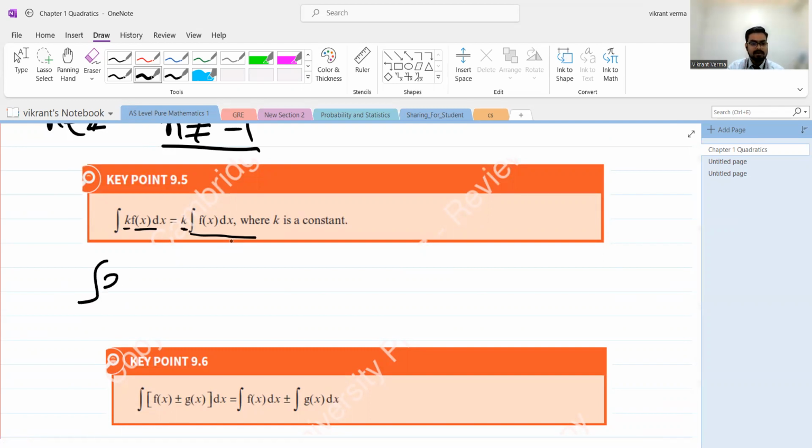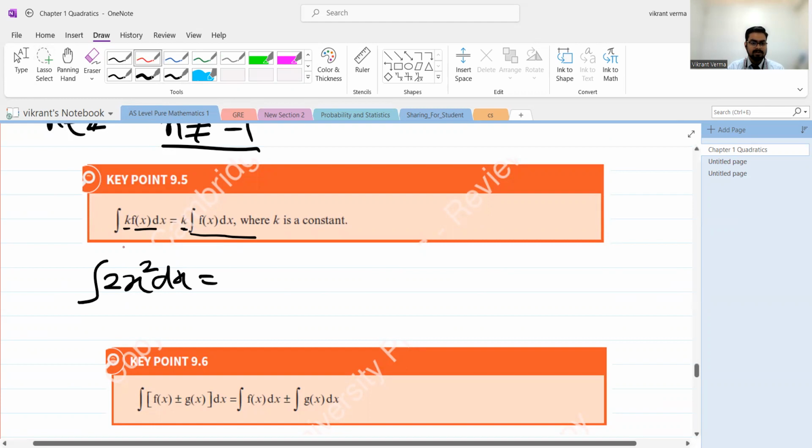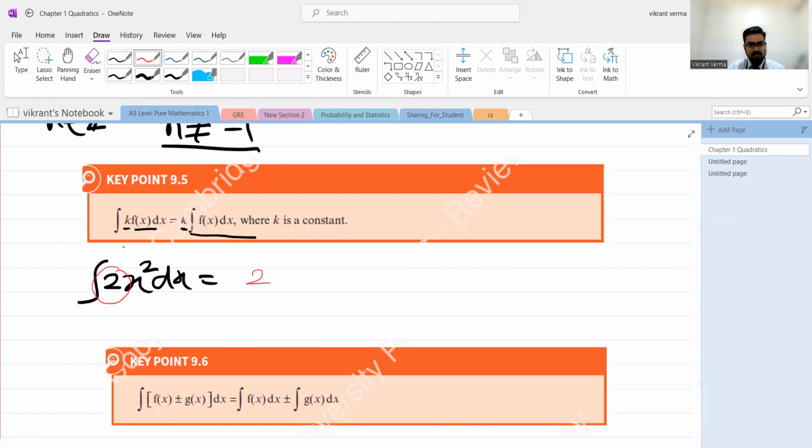For example, if you have a function like 2x square dx, if you want to integrate it, according to this formula you can take this 2 outside, since it is the constant, and write simply 2 times the integral of x square dx. So this was this rule.